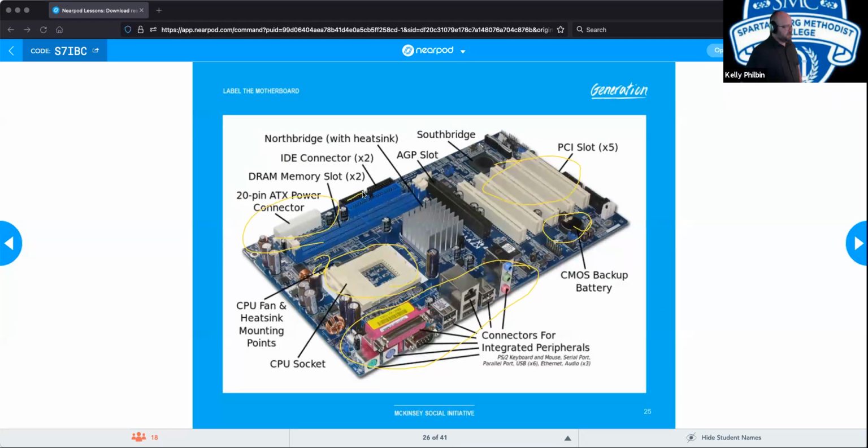Up here we got our IDEs for floppy disks or hard drives, older ones. We have this big heat sink right here, which we know would be our north bridge. We had our PCIEs right here to connect to our north bridge, and our south bridge is all the way over here. And then obviously our AGP right here.